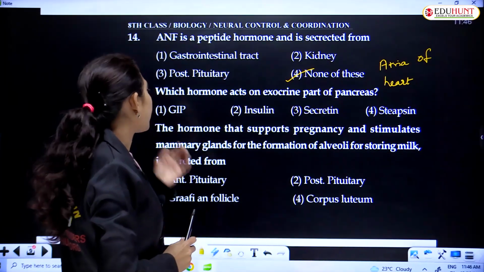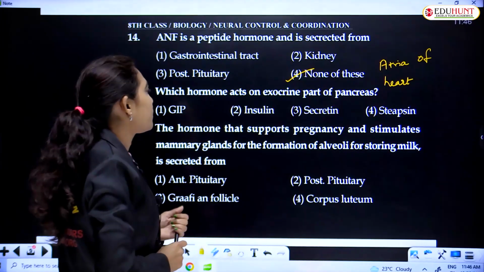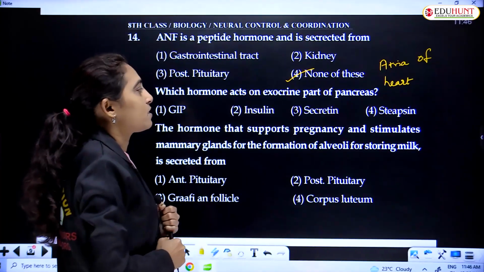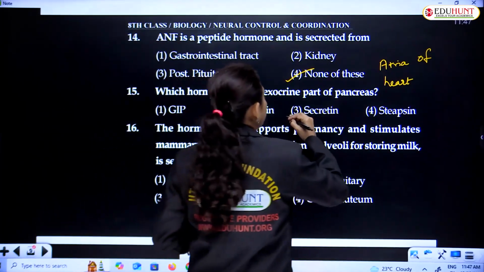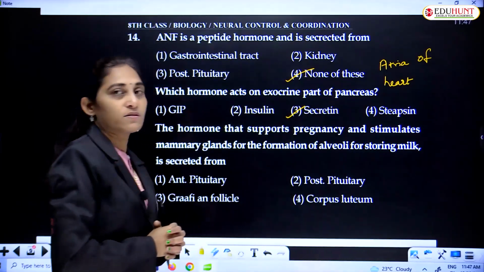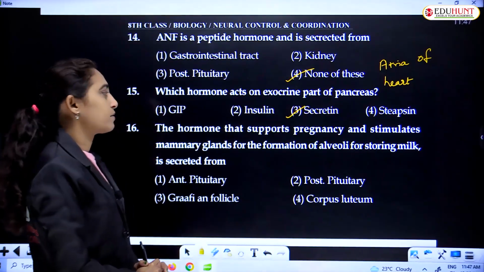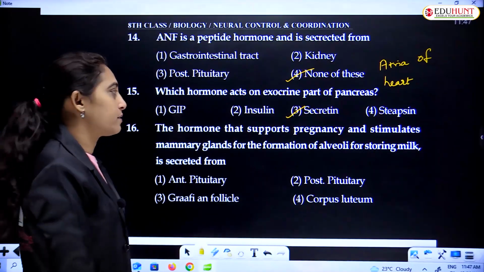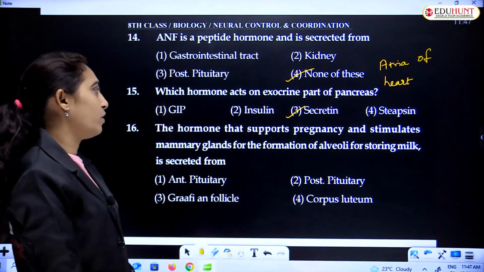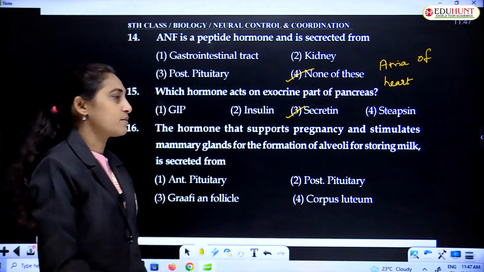For the exocrine part of the pancreas, the options are GIP, insulin, secretin, steatopsin. Secretin.